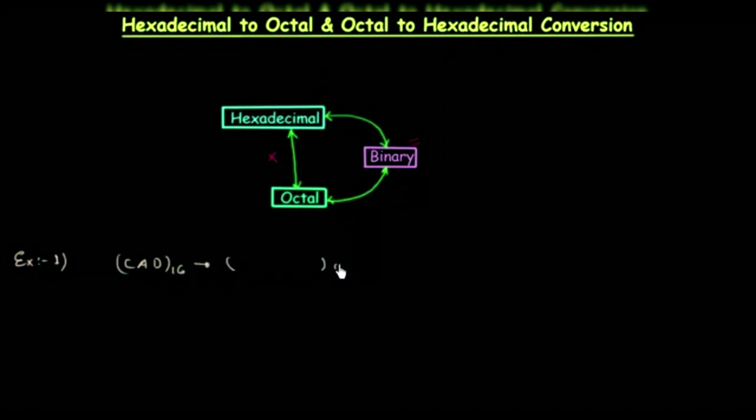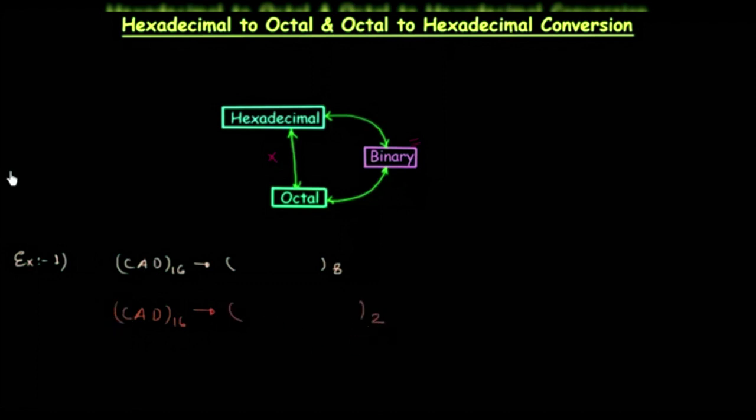to octal. And as you can see, if you want to convert hexadecimal to octal, first you have to convert hexadecimal to binary. So we will convert CAD to binary first.